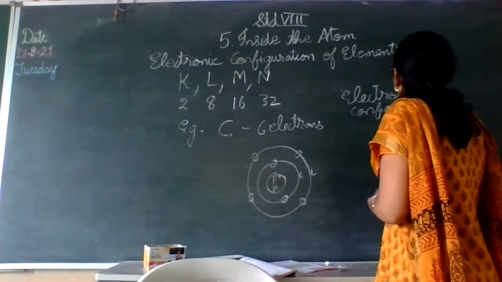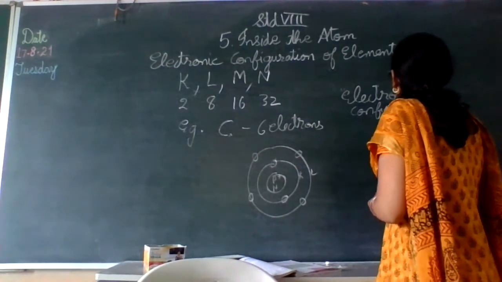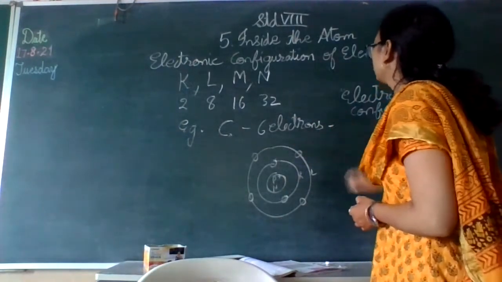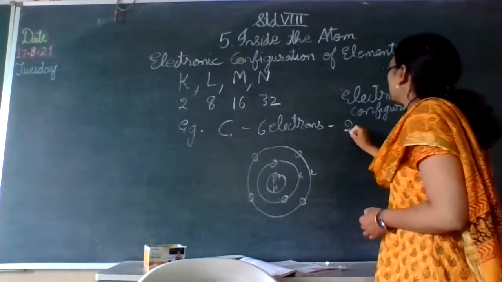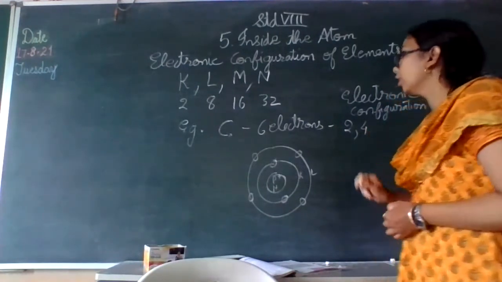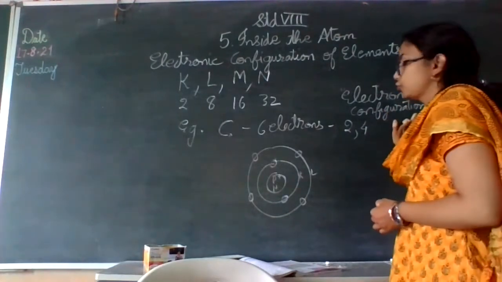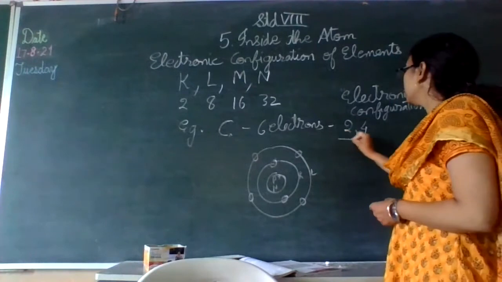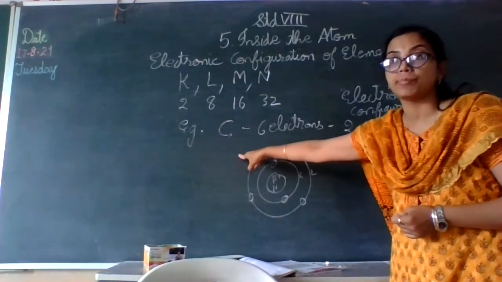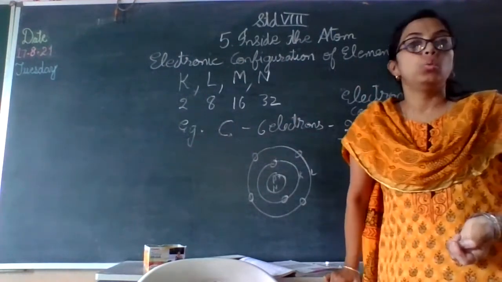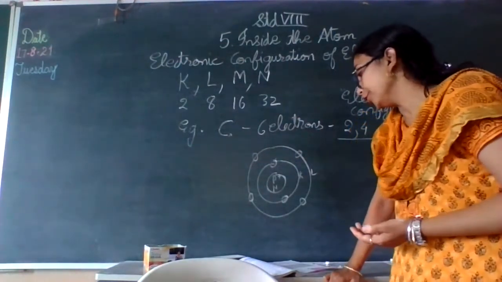For example, for carbon, as it has only 6 electrons, 2 electrons in the K shell and 4 electrons in the L shell, and finish. After that, you will not write anything. This is the electronic configuration of carbon. For different elements, the electronic configuration will be different, isn't it?